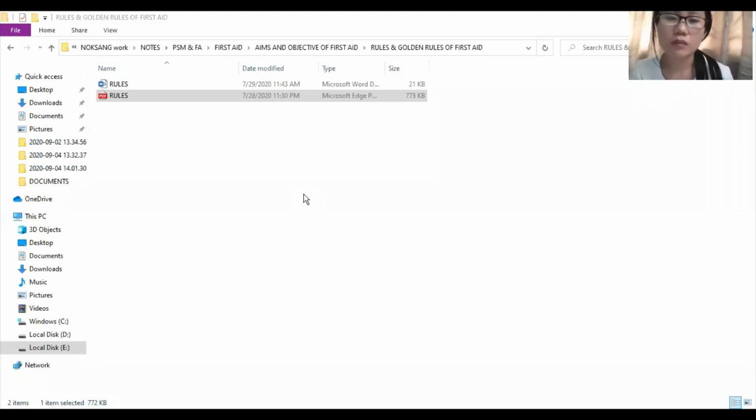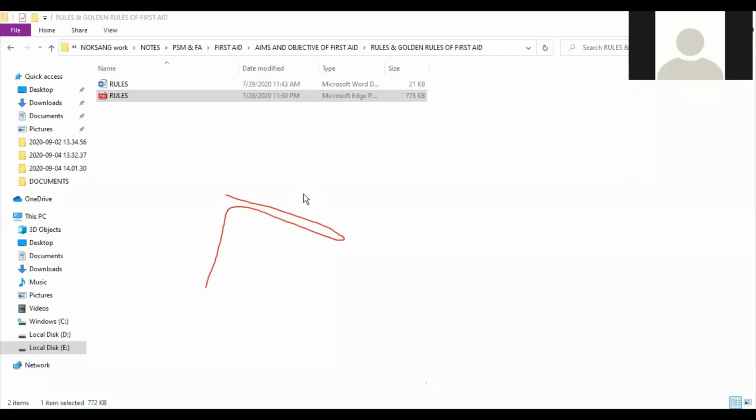Ma'am, I can see something red color, but the diagram is not showing. You can only see the rules of first aid, check, call, care. Ma'am, the file is not yet open.